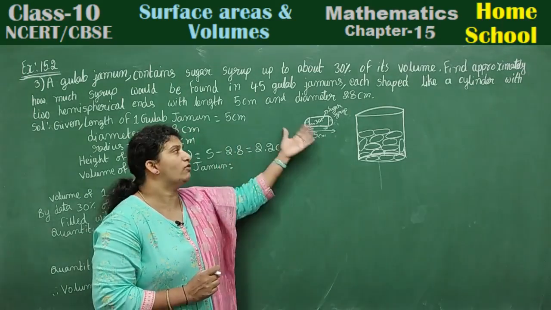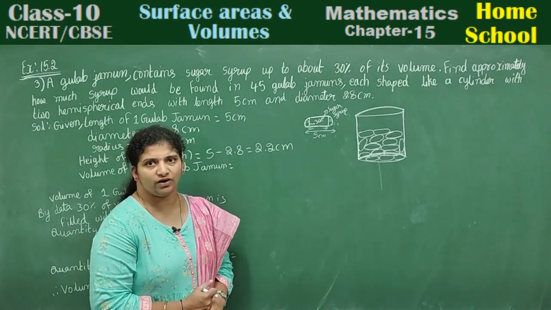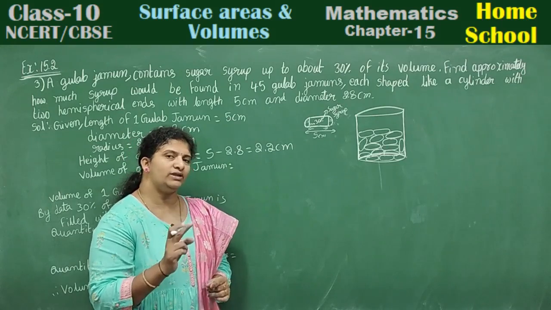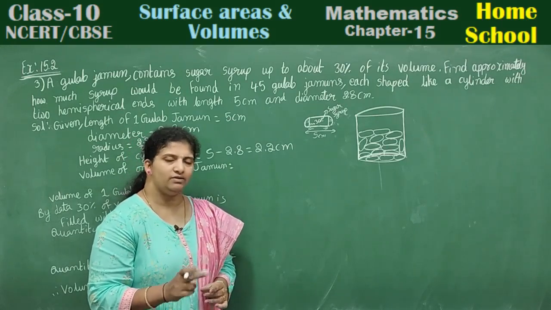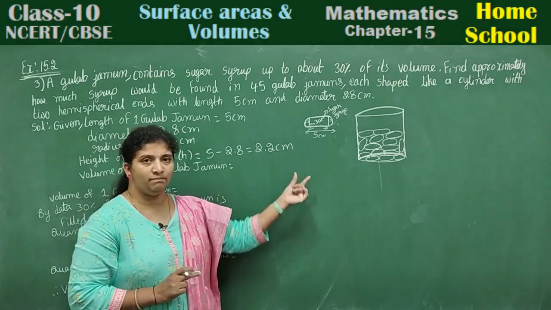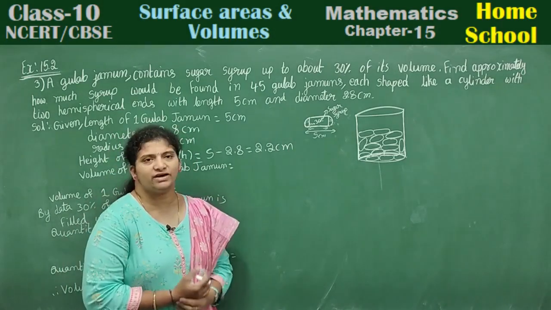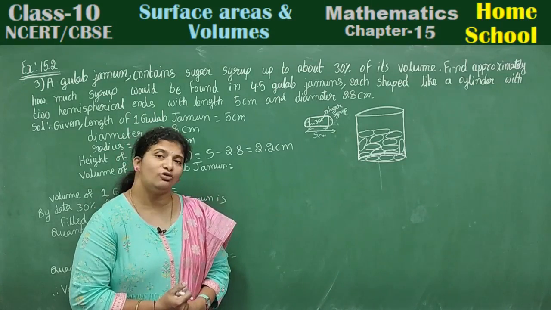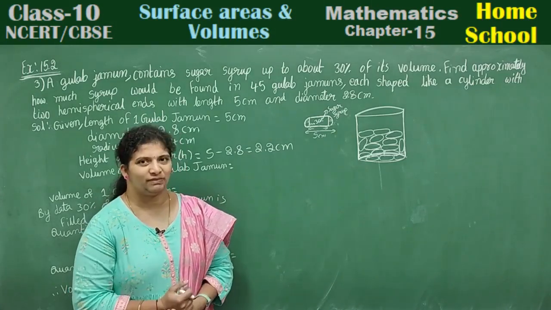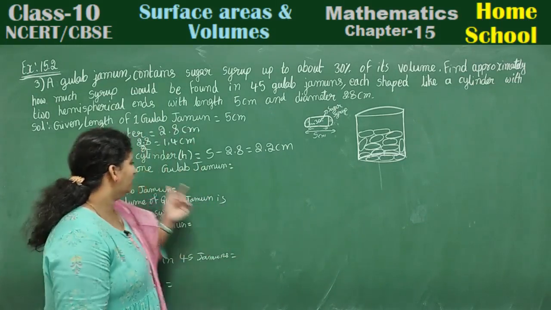Find 30% of the total volume of the jamun. Then after finding that one jamun's 30% syrup, multiply the syrup of one jamun with 45 jamuns. That you are going to get the total 45 jamuns sugar syrup. Let's start our problem here.